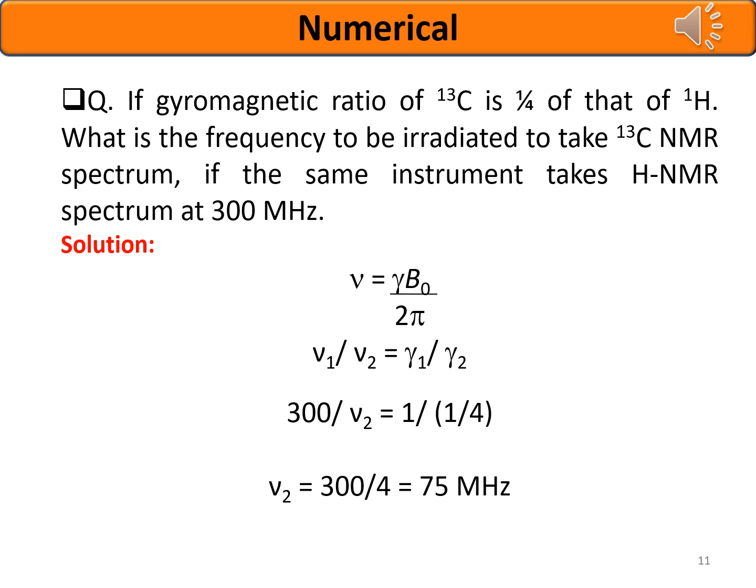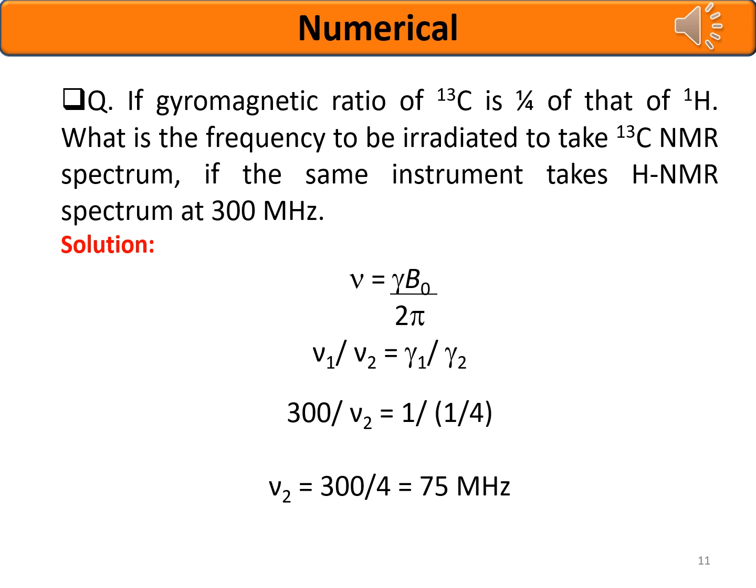This is a numerical related to magnetic field strength and radio frequency. The question is, if the gyromagnetic ratio of carbon-13 nuclei is 1 by 4 of that of hydrogen-1 nuclei, what is the frequency to be irradiated to take the carbon-13 NMR spectrum if the same instrument takes the HNMR spectrum at 300 megahertz?